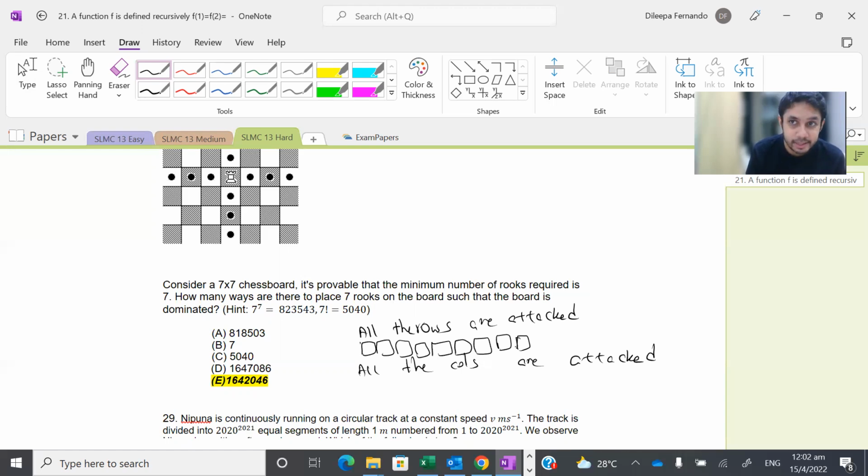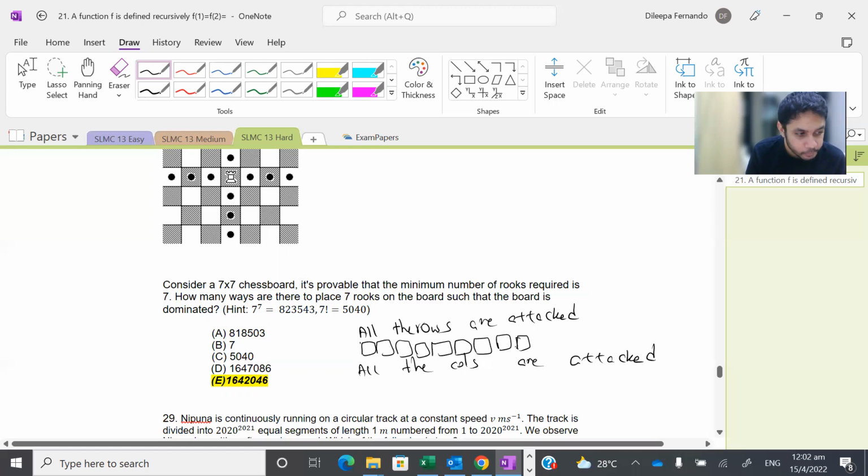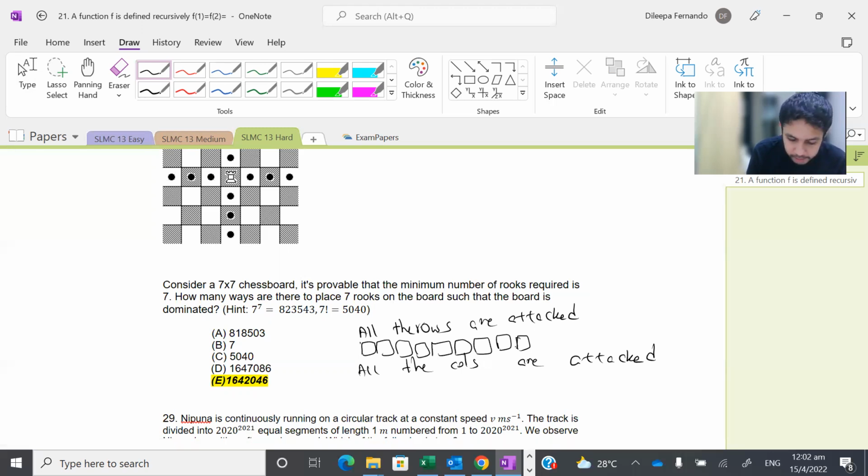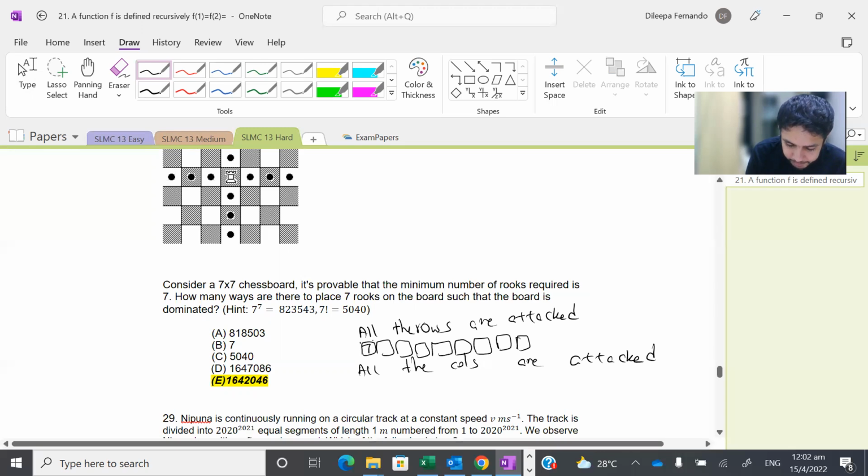So how many columns are there? There are 7. So for each row, there are 7 possible columns to make all the rows attacked. So it should be 7 to the power 7.